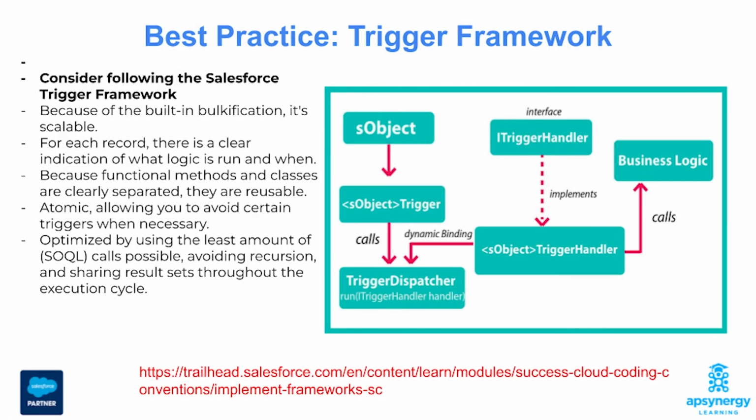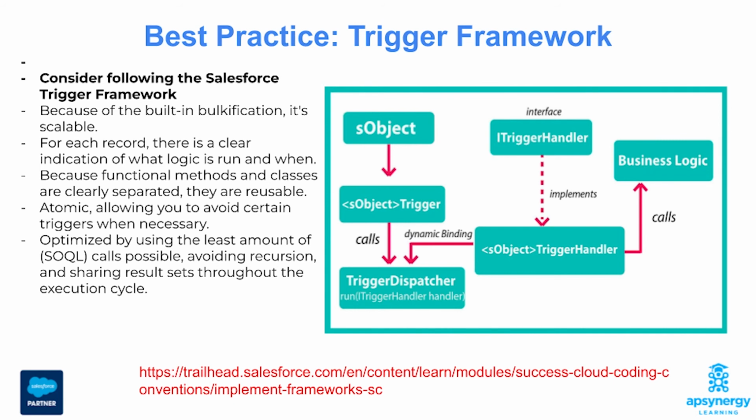Salesforce describes a trigger framework with the following characteristics. Because of the built-in bulkification, it's scalable. For each record, there is a clear indication of what logic is run and when. Because functional methods and classes are separated, they are reusable. Atomic, allowing you to avoid or bypass certain triggers when necessary.